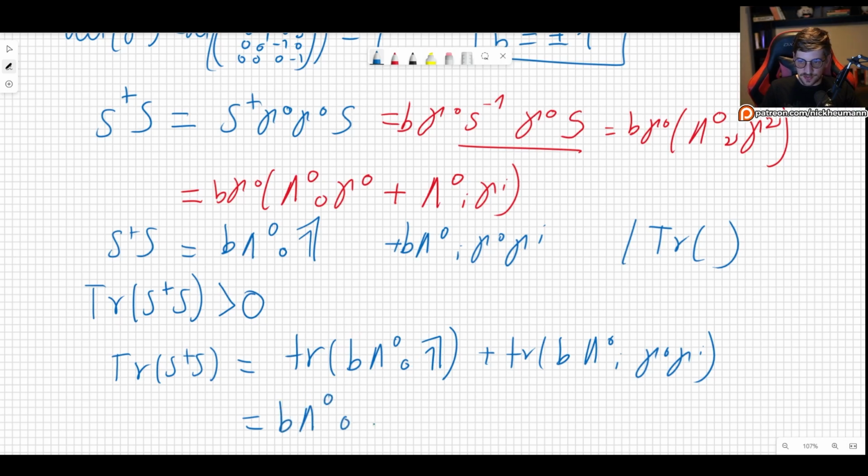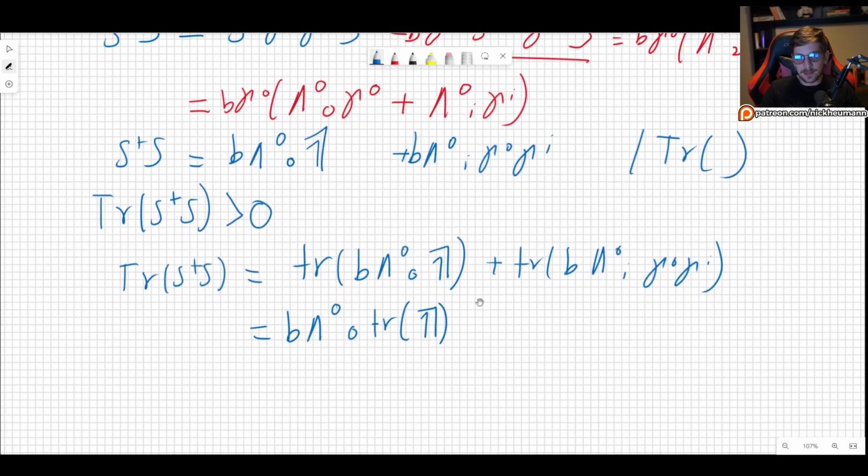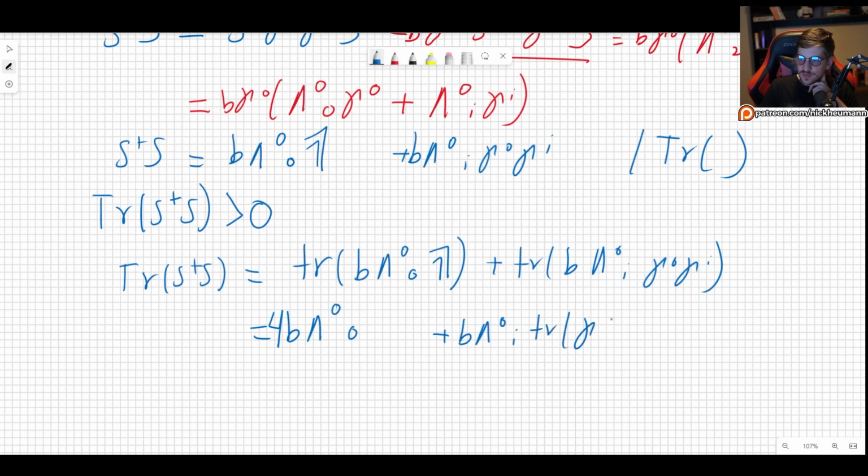B lambda 0 0, trace of the identity. Now, what is the trace of the identity? It is 1 plus 1 plus 1 plus 1. It is a 4 by 4 identity, so we simply get 4 times this, so 4 times B lambda 0 0. And then we have plus B lambda 0 i, the trace of gamma 0, gamma i. Now, what is the trace of any two gammas with different index?